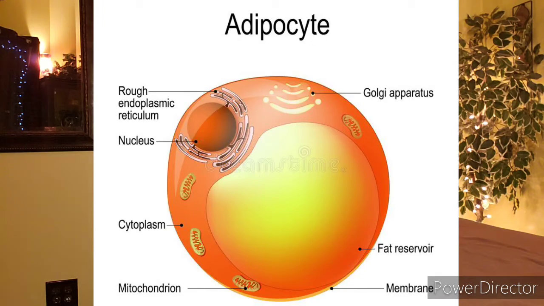Now, let's take a minute to look at the actual fat cell itself. These little guys are called adipocytes, and they have other organelles and structures just like any other cell does, such as a nucleus, cytoplasm, and mitochondria.